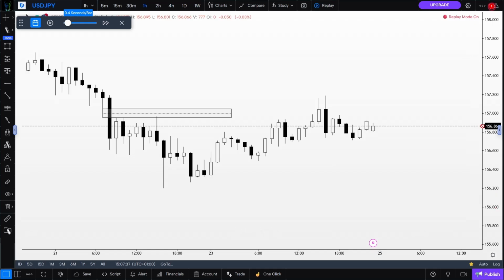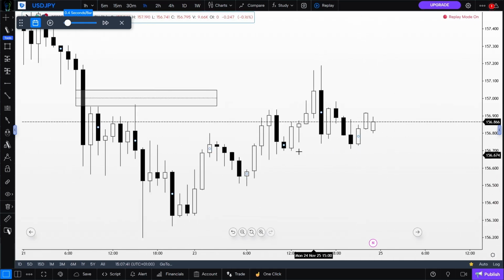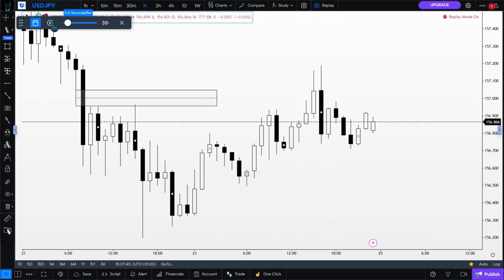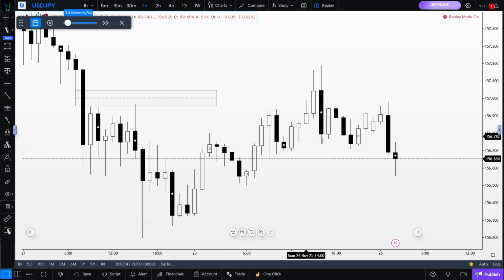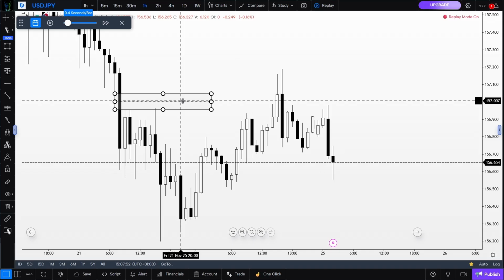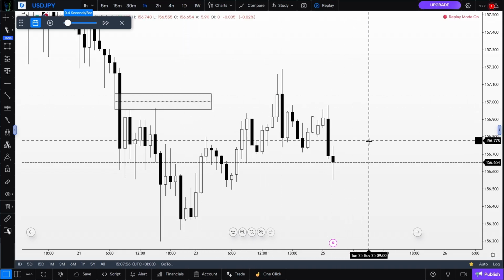We have a breakout structure. So far, so good. No main breakout structure to the downside, but I think I would consider this. Okay, there we go. Now, this is exactly what we're looking for here. Assuming we enter this from this fair value gap, we'll still be in profits, but then I needed something more concrete.